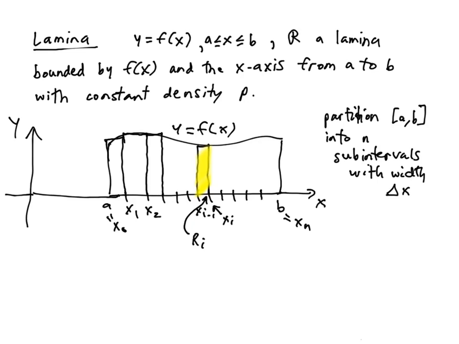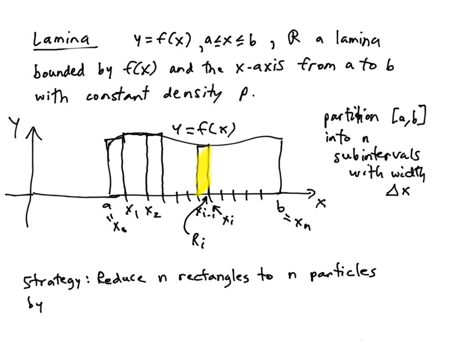So in other words, the strategy is to reduce the n rectangles to n particles by finding the center of mass of each rectangle.